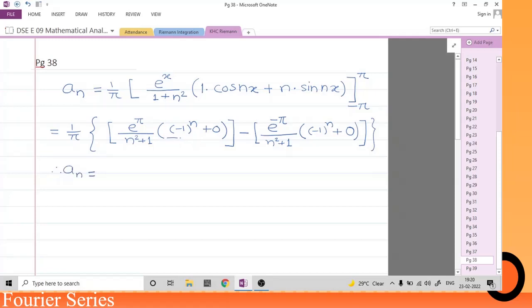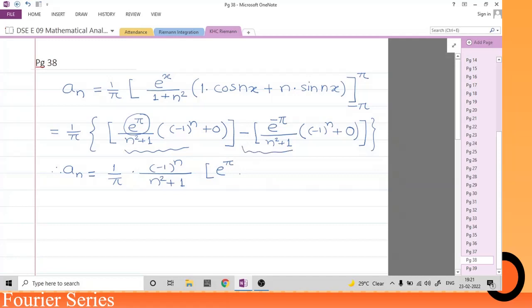You can see that minus 1 raised to n and this denominator term n square plus 1, they are common. So we just have to simplify the signs. Let us take minus 1 raised to n upon n square plus 1 as a common factor. Then obviously we will be left with, in the first term, after taking out minus 1 raised to n and n square plus 1, e raised to pi alone.